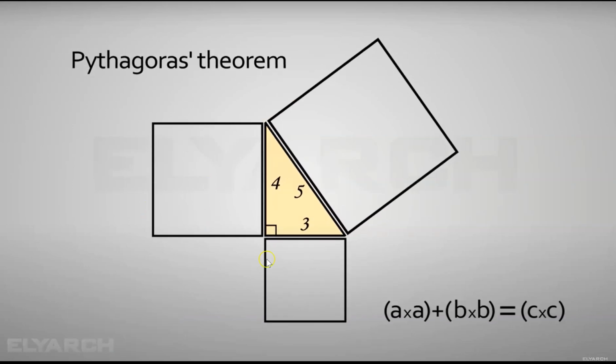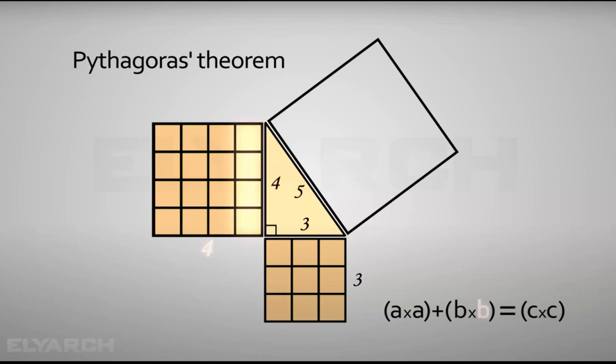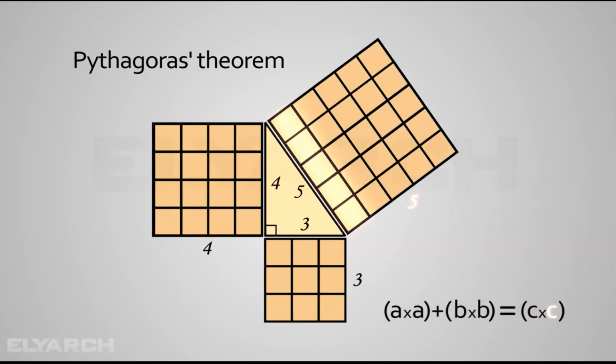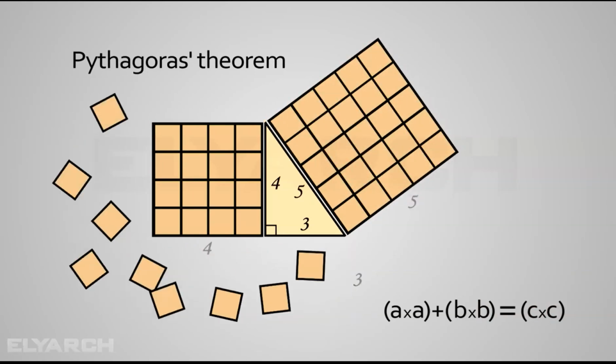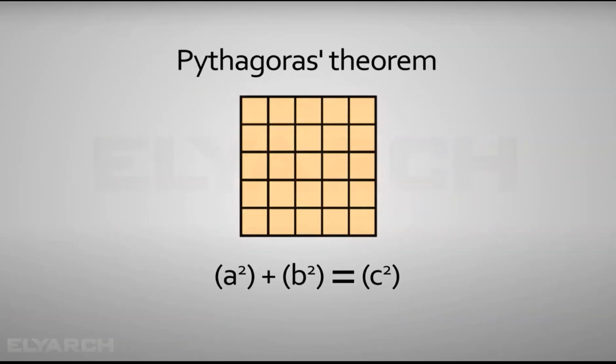So we're seeing the areas here, right? 3 times 3, you've got an area of 9. So hopefully you've realised there that the areas of the A squared side plus the B squared will equal the C squared side.